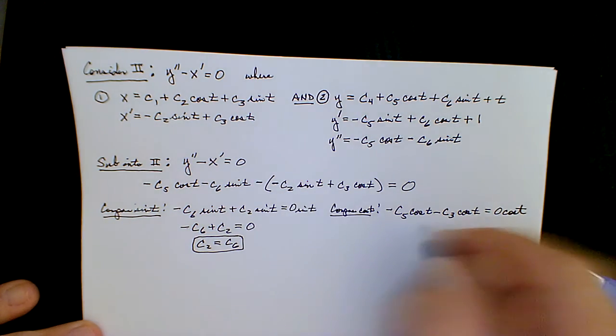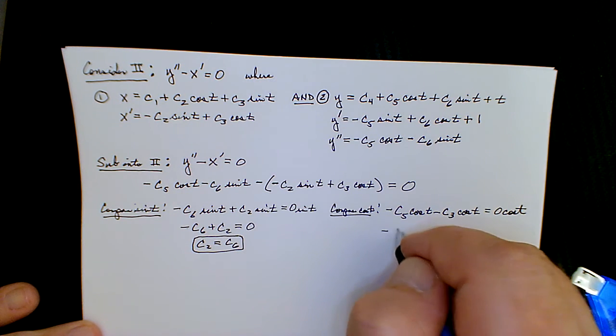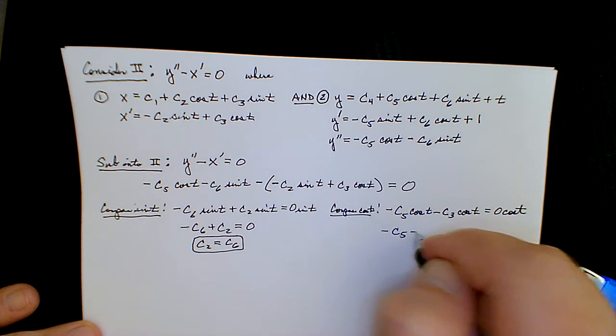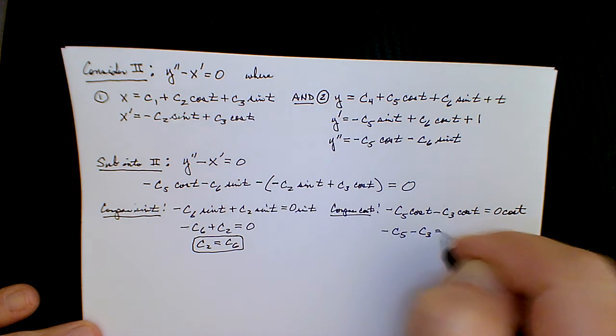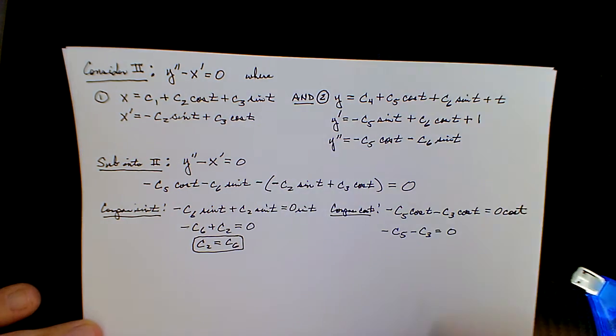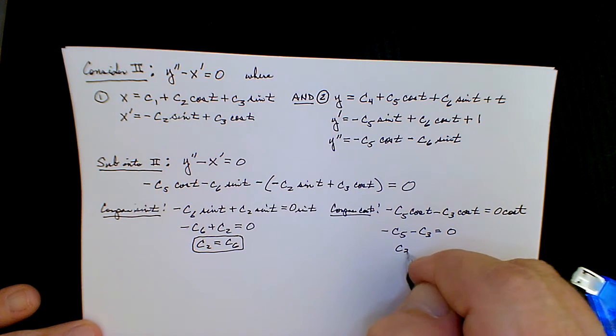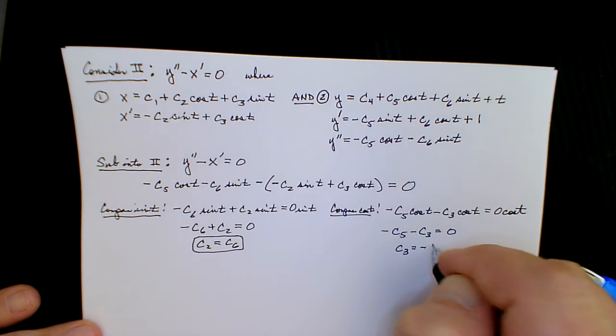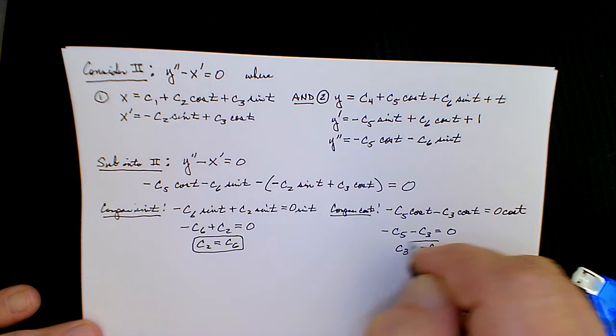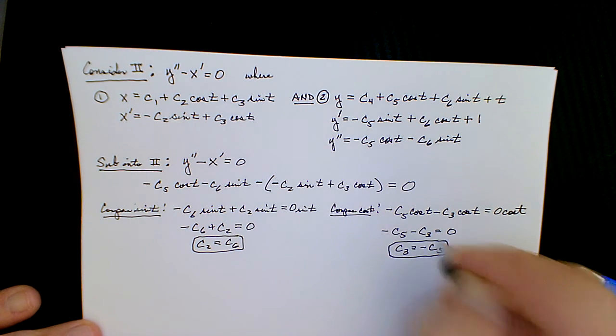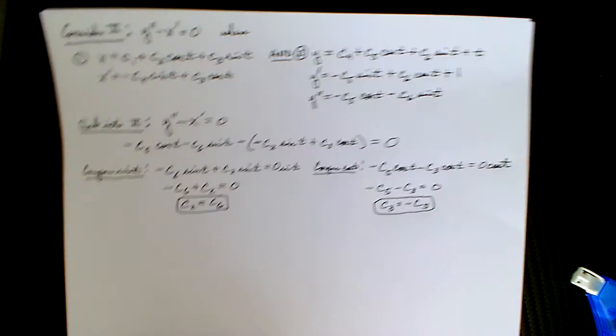Dividing out those cosines, minus C5 minus C3 is 0, and I'm going to say that C3 is negative C5. Okay, so we'll have to hold on to those for now.